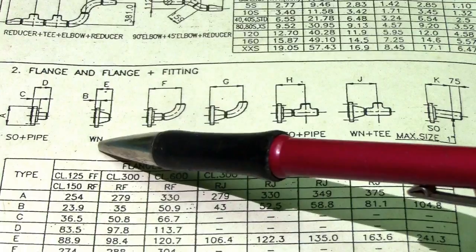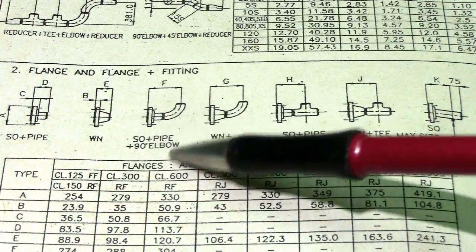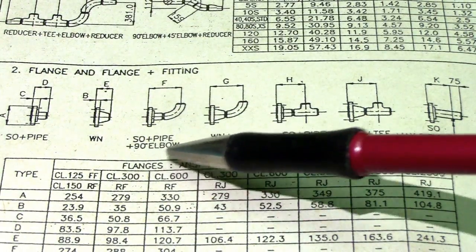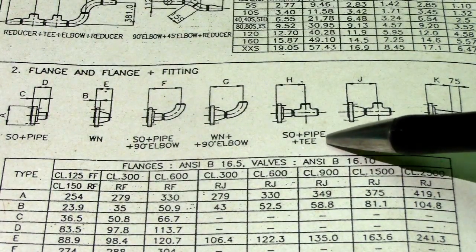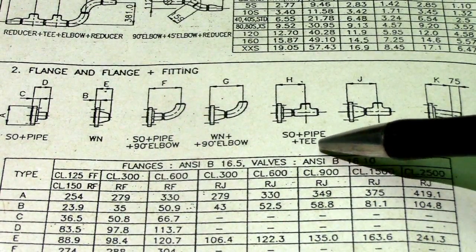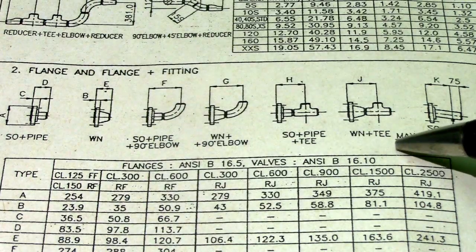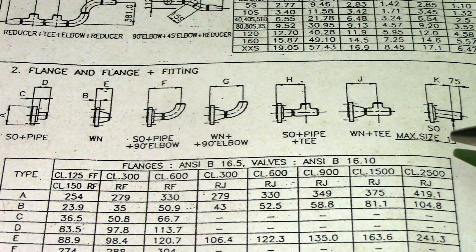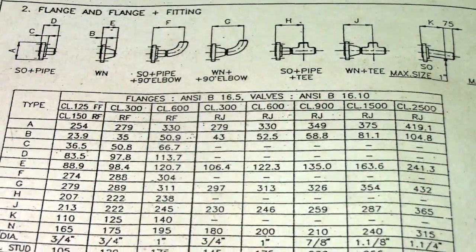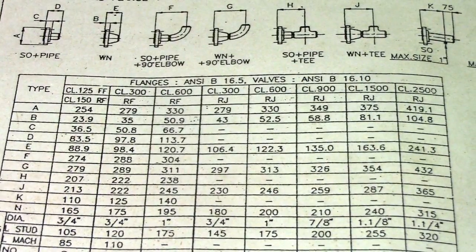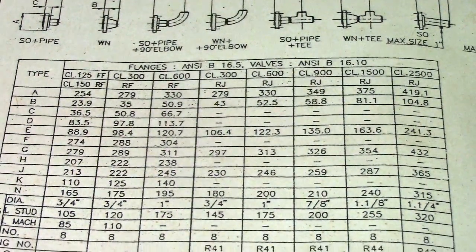So weld neck flange, slip on flange plus pipe plus 90 degrees elbow, weld neck flange plus 90 degrees elbow, slip on flange plus pipe plus tee, weld neck flange plus tee, and weld neck plus maximum size of pipe in 1 inch. So this is the table of all these flange and fittings dimensions.